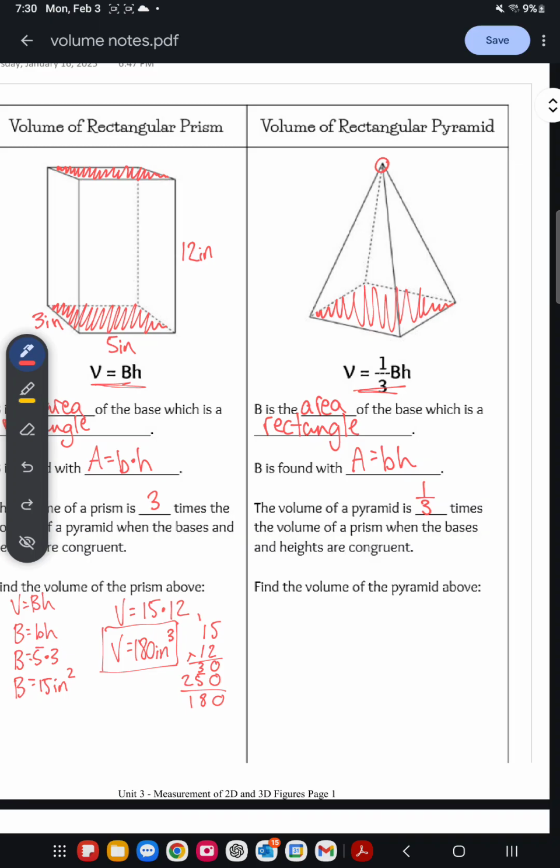We're going to give some measurements to that pyramid, the exact same measurements as we did in the rectangular prism. This side is 5 inches. We have this as 3 inches. And the height, from here to here, is 12 inches.